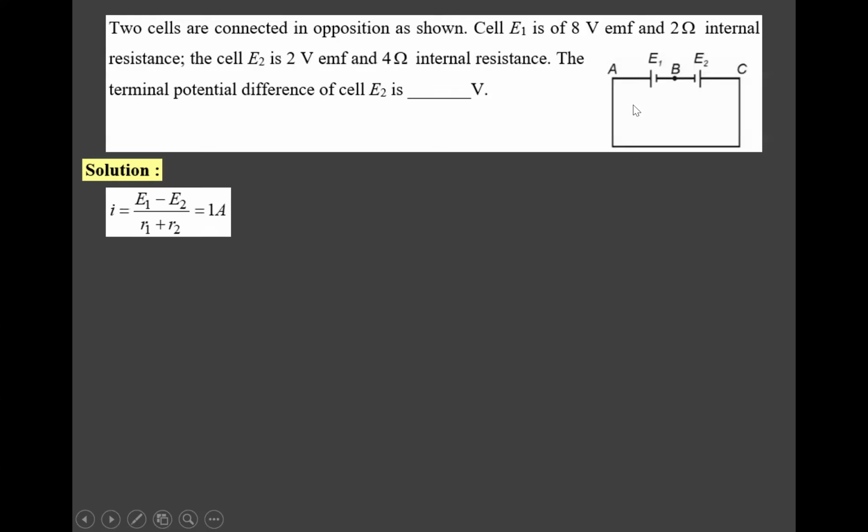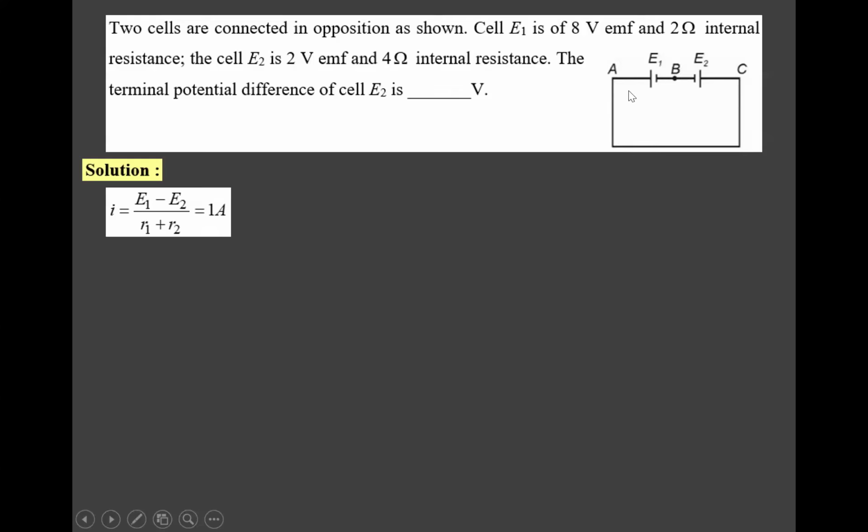we will get 1 ampere current. Now see here, this current will be from the positive terminal of the battery which is with more EMF. Here E1, that is with 8 volt. So current will flow from the positive terminal of E1 to C through the E2 to B and to the negative terminal of E1.